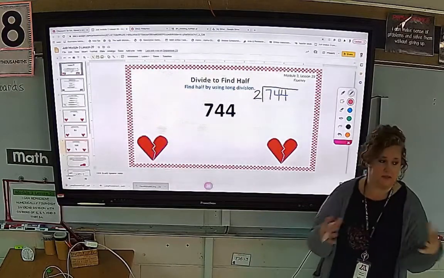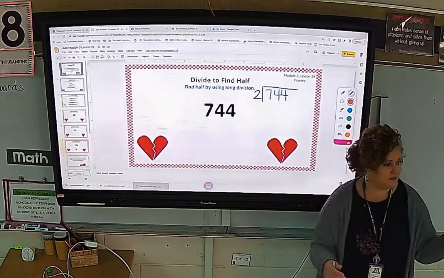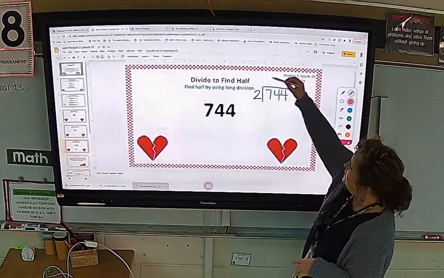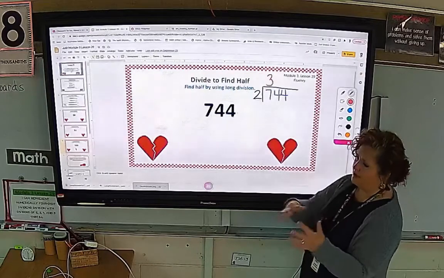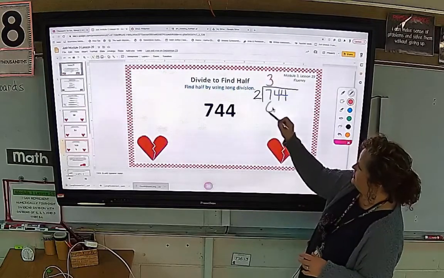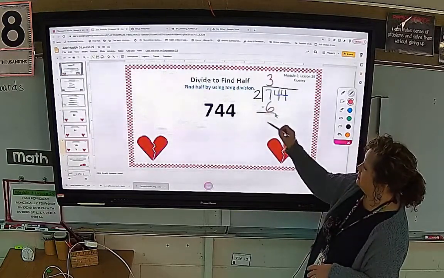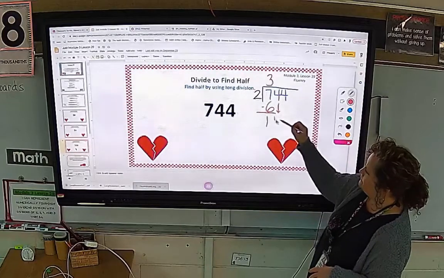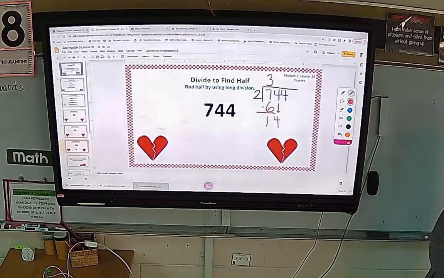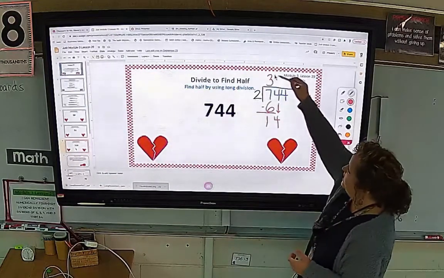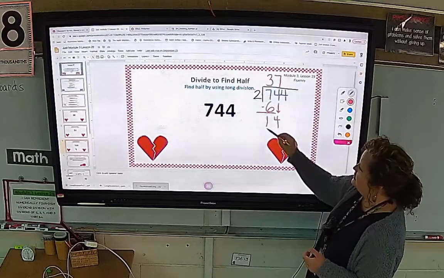Okay, 6 is what it's going to be, but how many 2's is 6? 3. Okay, so that's what I put up here. I'm going to pull out 3 2's. And when I do, that's going to equal 6, because 2 times 3 is 6. Okay. Now, how many 2's can I get out of 14? What's the most I can get out of 14? 7. In fact, 2 times 7 is 14.